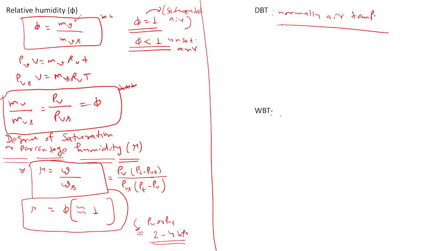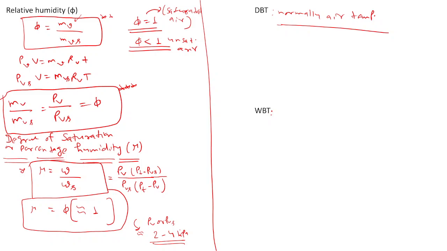And now what is wet bulb temperature then? Temperature measured by using a wet bulb or wet cloth. So what happens with temperature measuring with wet cloth?